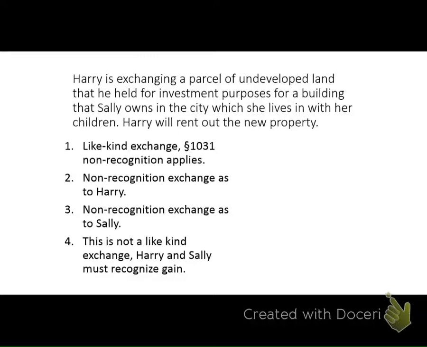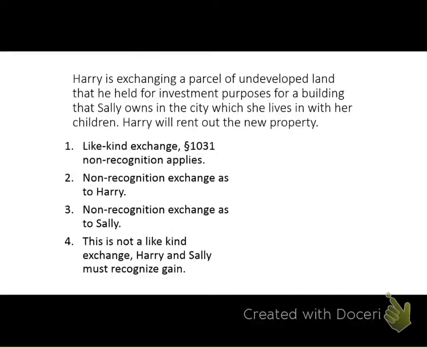So we know that before the transaction, the property that Sally is exchanging is personal use property. It doesn't seem to be held as investment property. It doesn't seem to be held for productive use in a trade or business. So right there, we know that Sally fails the holding requirement of the non-recognition provision, and non-recognition will not apply to Sally.